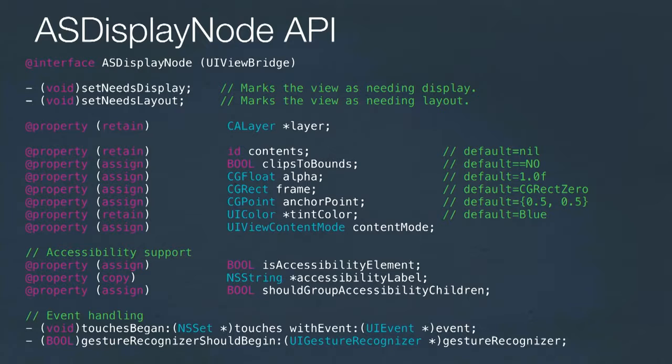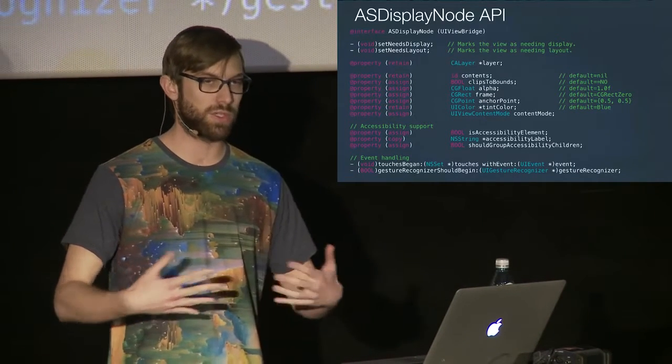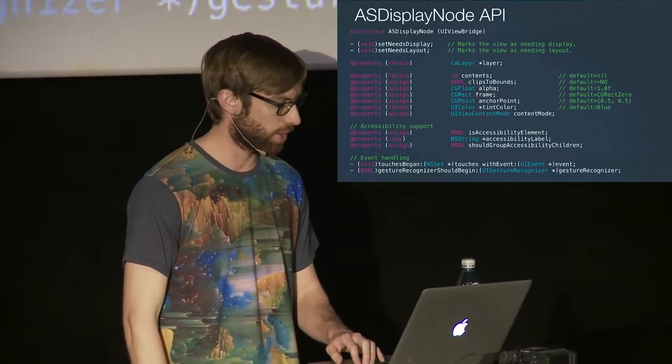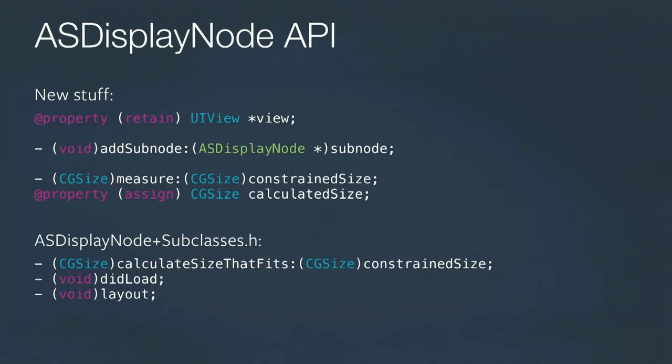You can set anchor point or content mode, which are actually layer and view properties, right side by side. So in the case that there are naming conflicts between views and layers, for example, masksToBounds versus clipsToBounds, we simply use the UIView name. But this actually makes the APIs of views and layers more consistent and more elegant by making them accessible in a single object.